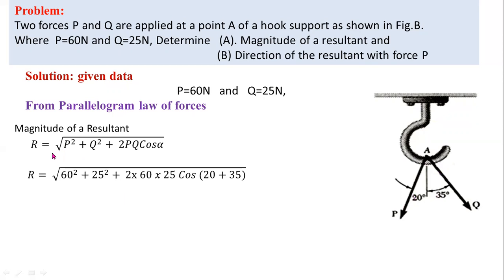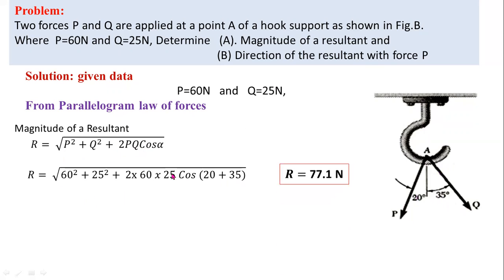Now from the parallelogram law of forces, we already know the formula for the magnitude of the resultant, that is R equal to square root of P square plus Q square plus 2PQ cos alpha. So now you have to substitute the value of alpha equal to 20 plus 35 degrees, that is the total angle between the two forces.